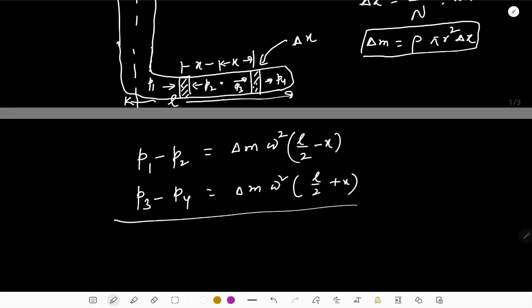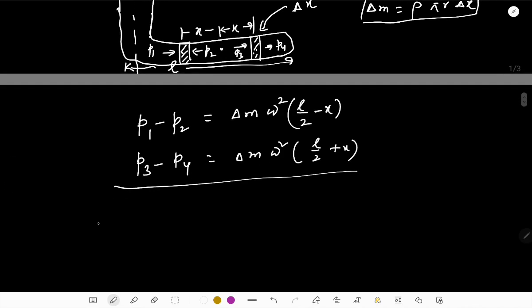So the force balance equation is this, and I'm now in the mood to add them. I know that the number of such pairs of segments will be obviously n by 2, because total number is n. I can write these two equations for all such symmetric pairs and add them.